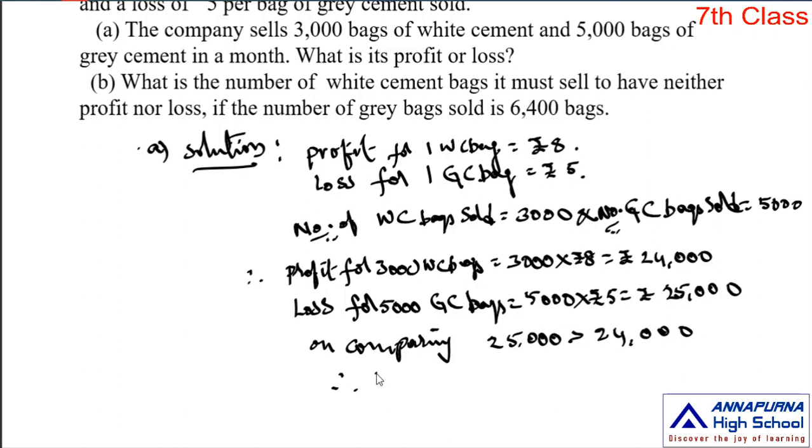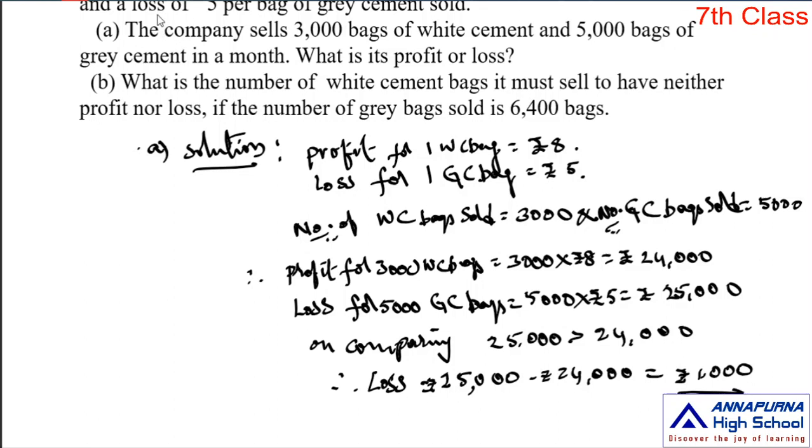Therefore, he got loss. Therefore, loss is equal to how much? He got 25,000 rupees minus 24,000 rupees, which is equal to 1,000 rupees. On the whole transaction, he got 1,000 rupees as the loss.